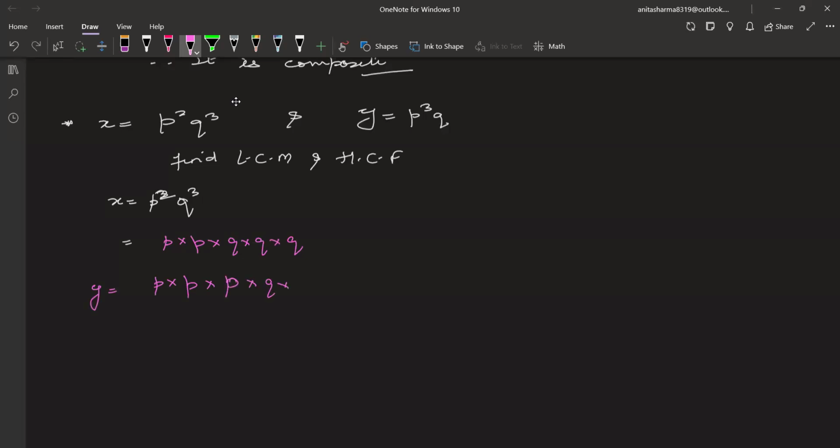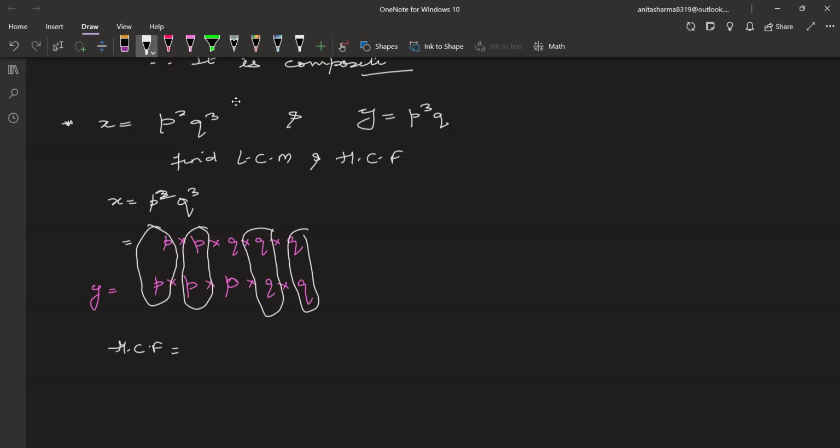Yes. Good, beta. So now we have to find HCF. So what we have to do? We have to find the common factors, right? So what will be the HCF? P into P into Q into Q, right?